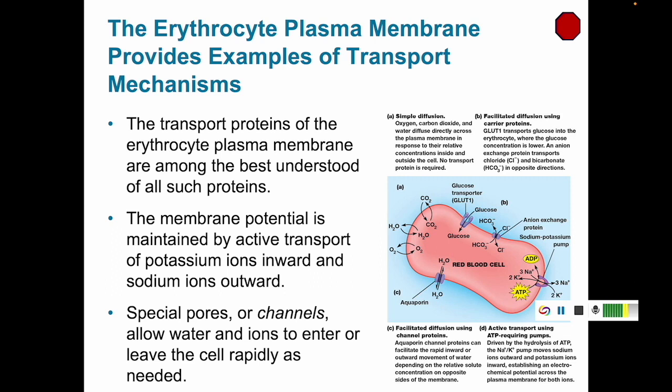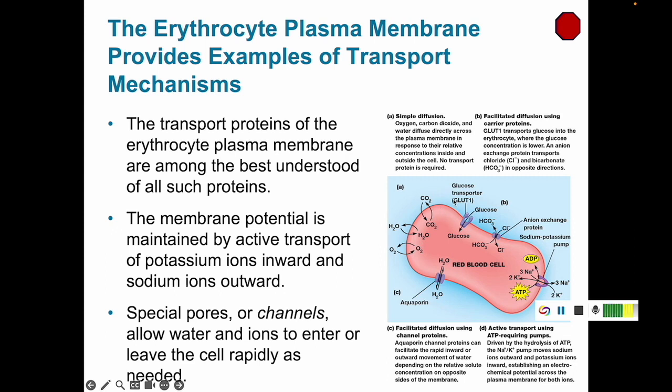And the membrane potential is going to be maintained by active transport of potassium ions inward and sodium ions outward. And there will be these special pores or channels that allow water and ions to enter and leave the cell rapidly when they're needed. So we have here simple diffusion of carbon dioxide, oxygen, and water going on.